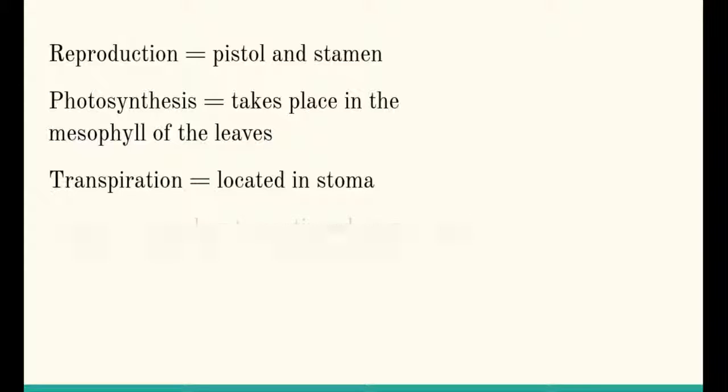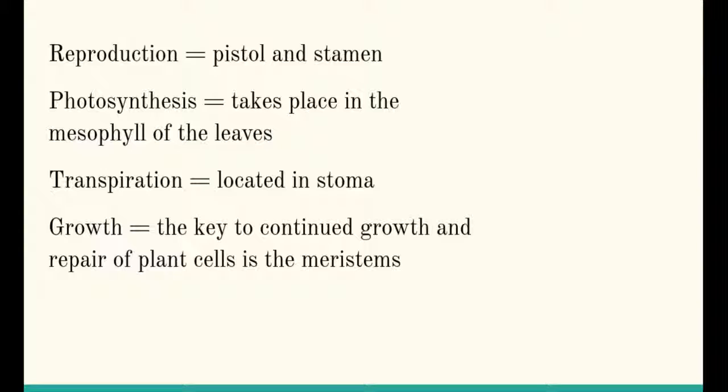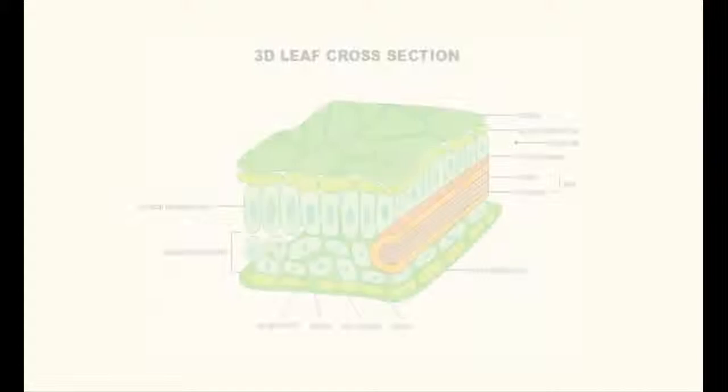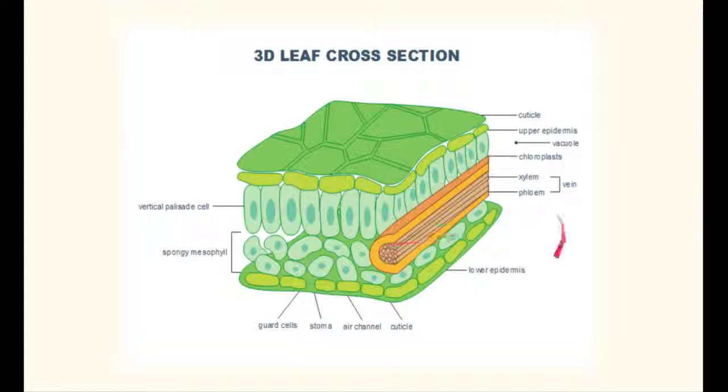Transpiration is located in the stoma. Growth, the key to continued growth and repair of a plant cell, is the meristem. Cellular respiration occurs in the leaves. This is another example of a leaf, and this is the mesophyll right here. I forgot to mention it.